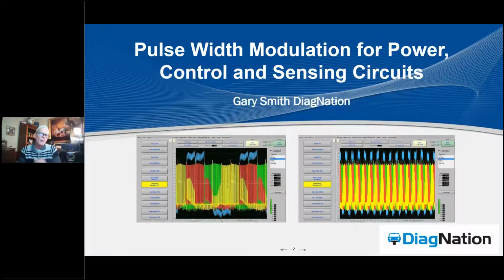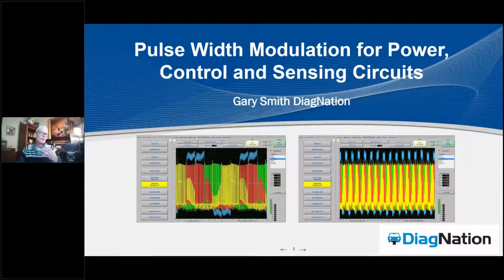What's really important about pulse width modulation is, if we can understand the signaling aspect and how the PCM is actually putting together, monitoring, and adjusting that signal, we can then transfer that theory over to the power control side.